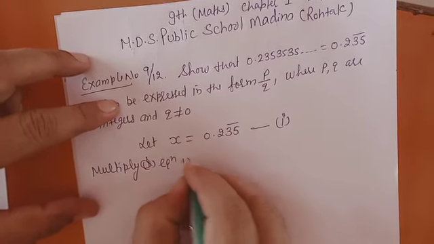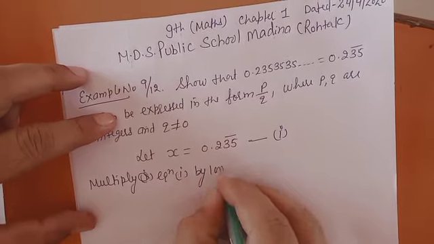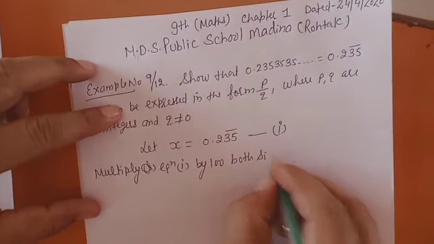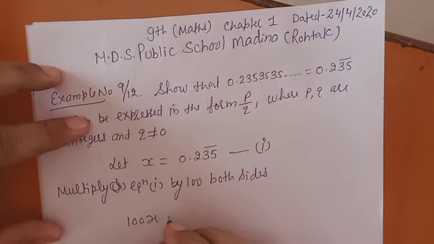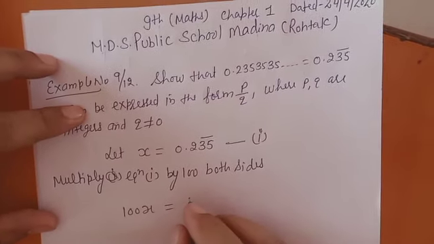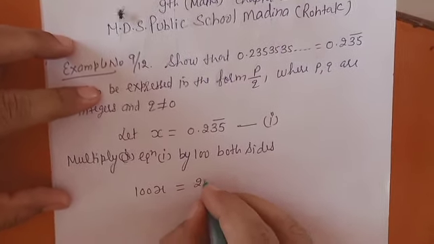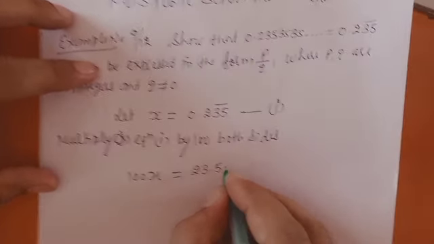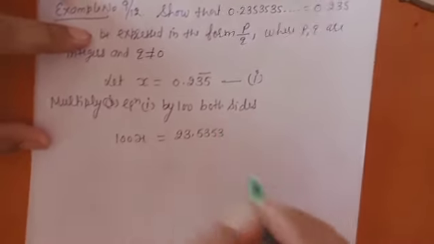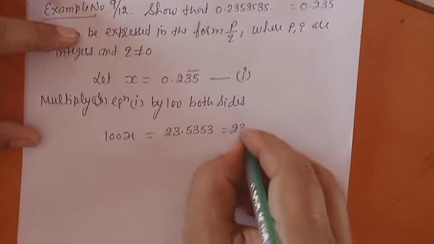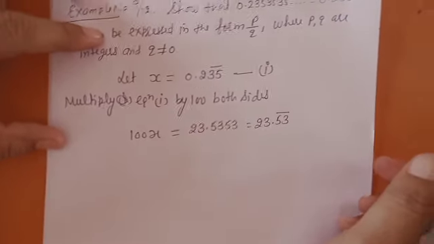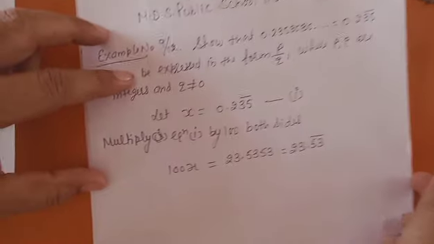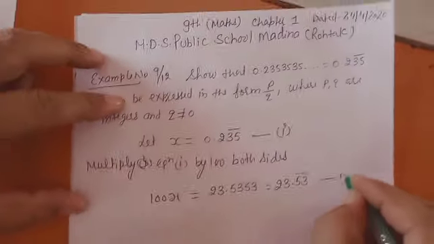Multiply equation first by 100 on both sides. What becomes of 100x? It is 23.5353, like this, or you can write 23.53 bar. Yes or no? So now this is your second.